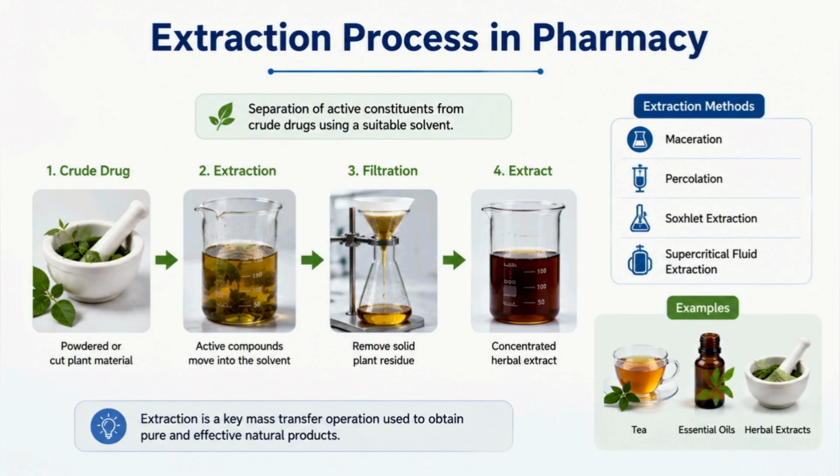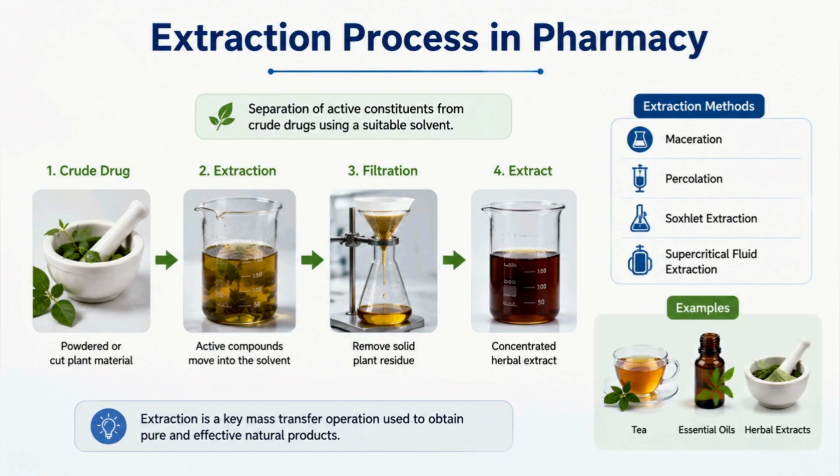Extraction methods include maceration, percolation, Soxhlet extraction, and supercritical fluid extraction. During extraction, the soluble compounds move from plant material into the solvent due to concentration differences. Factors like temperature, particle size, solvent type, and stirring influence the extraction efficiency here.